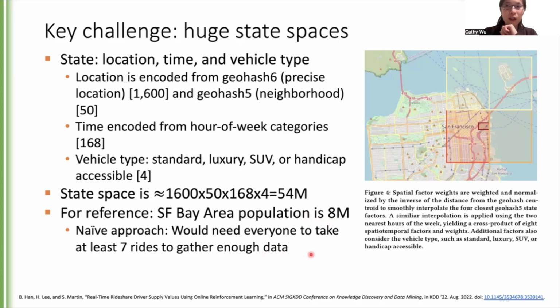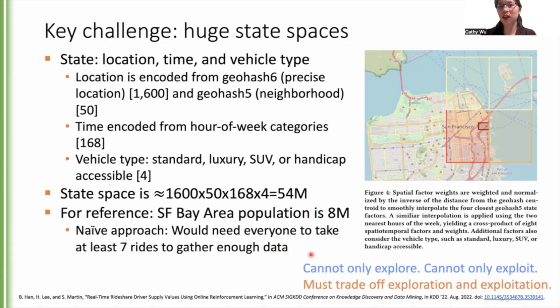So that's a lot of what motivates reinforcement learning as well. We cannot only explore to understand, for each combination of state location and vehicle type, what would be a good action to take. We also cannot only exploit, which means we cannot just take what we think is going to be the best decision because we don't necessarily have the data to do so.